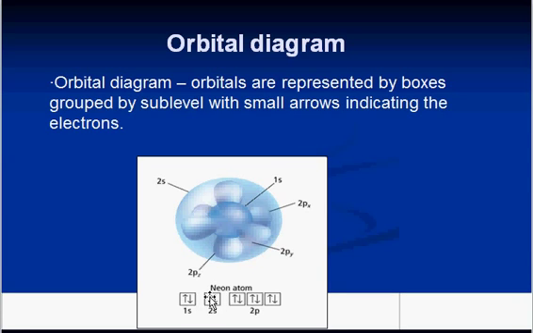Our 2s orbital, we have a little box, 2 electrons spinning in opposite directions. And our p orbital, well, we've got 6 total electrons, but notice we've got 2 electrons in each box, and within each box, or each orbital, they're spinning in opposite directions.